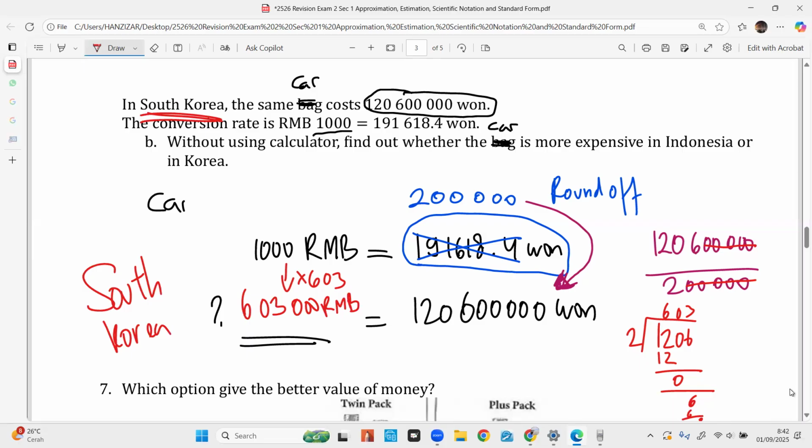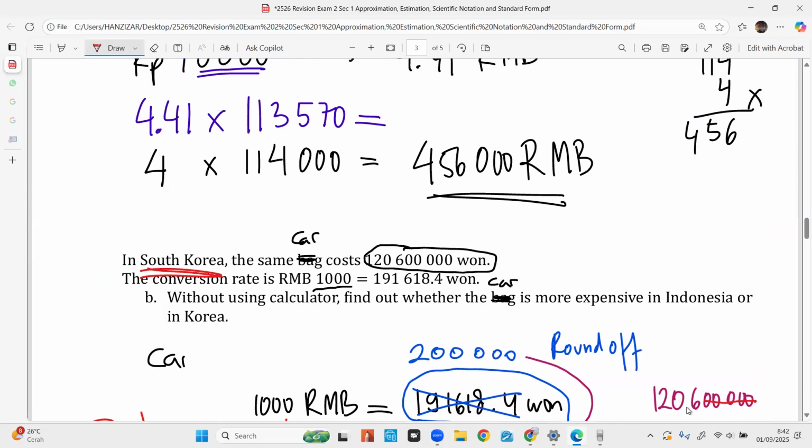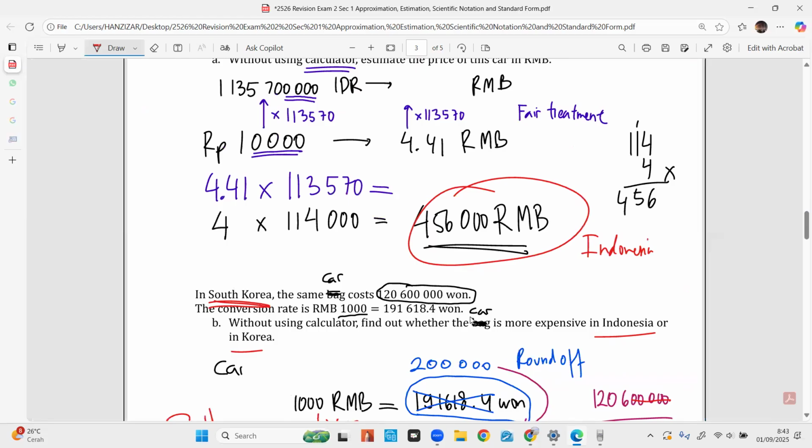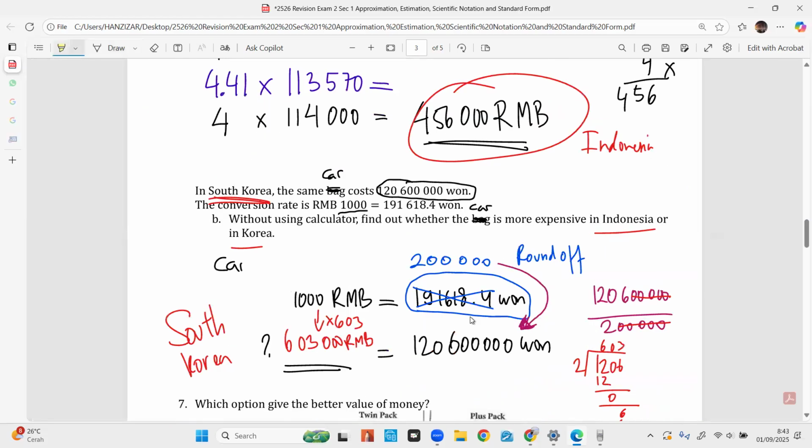while in Indonesia 456,000 RMB. Now the question is, find out whether the car is more expensive in Indonesia or in Korea. As you can see, the number is clearly seen. 456,000 in Indonesia, you are comparing with 603,000.